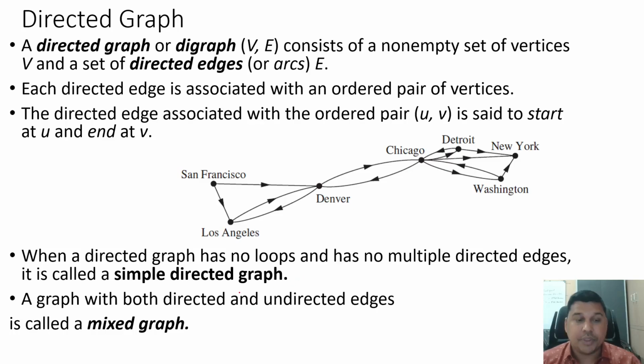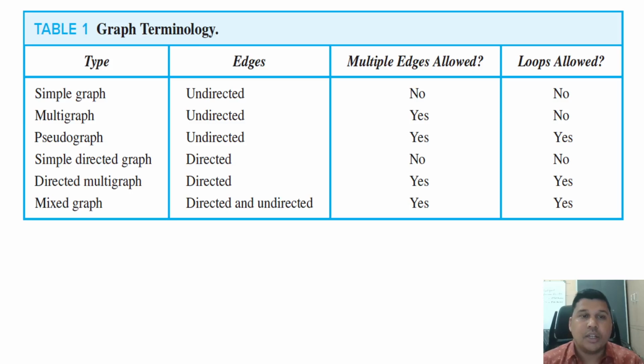We will see that. So a graph with both directed and undirected edges is called a mixed graph. If there is a graph which contains everything, it's a pseudograph. So let's summarize the different terminologies we have studied here.